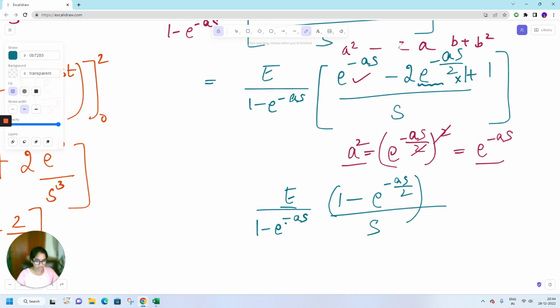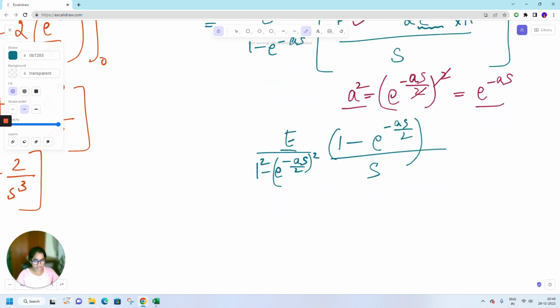Whatever we have here, let me multiply and divide this power with 2. Do we have the a square minus b square formula now? Yes. So can I write it as a plus b into a minus b?